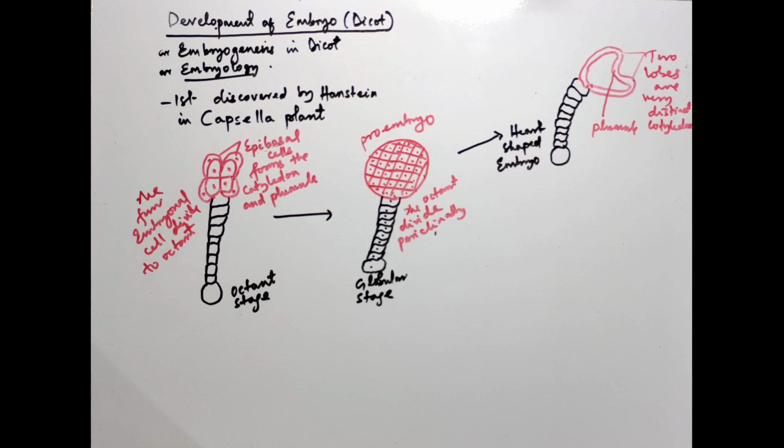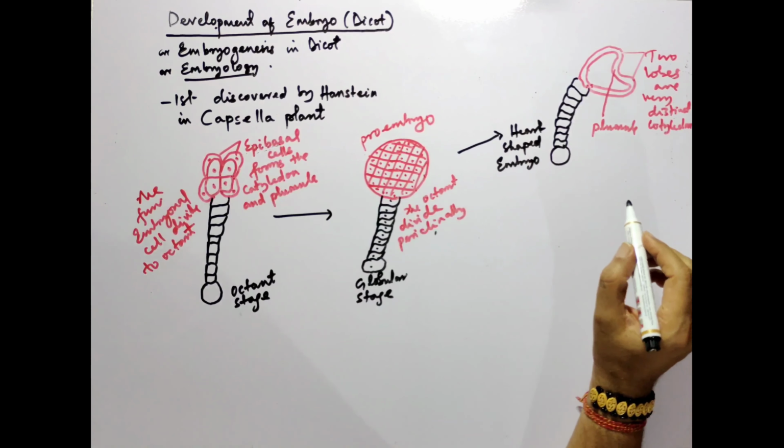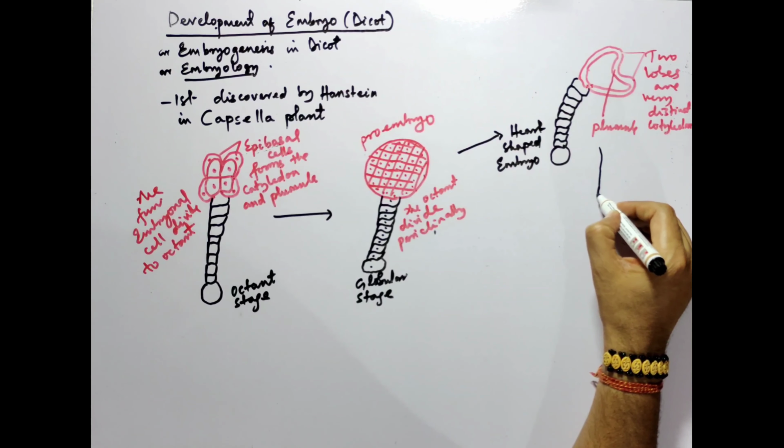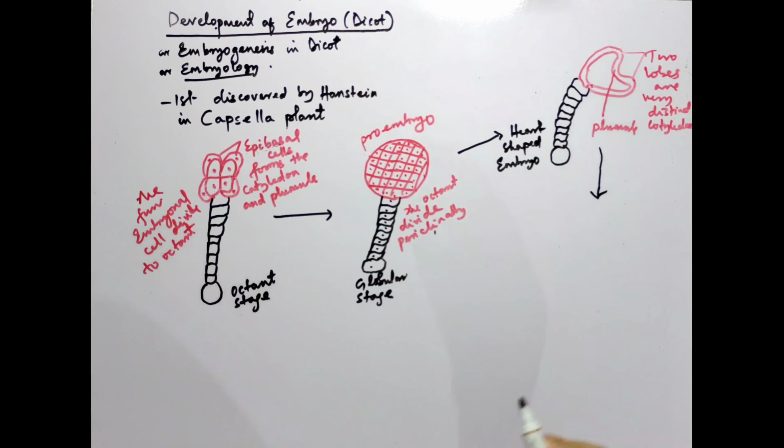So next, this heart-shaped embryo finally gives rise to the mature embryo.